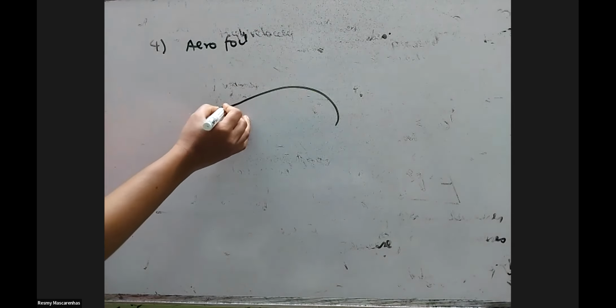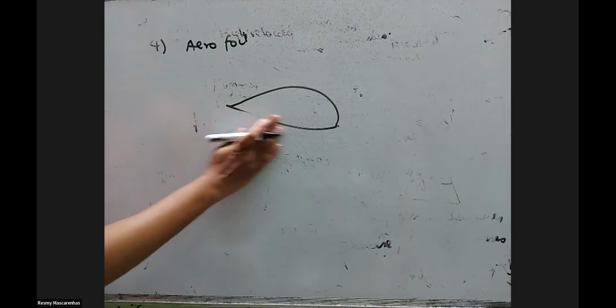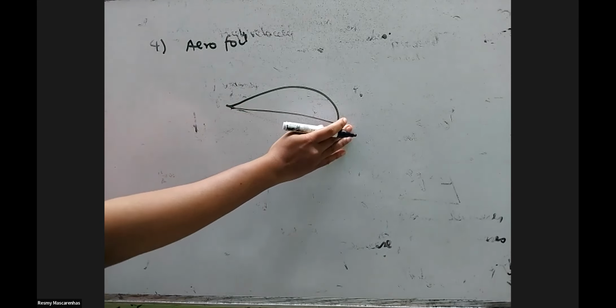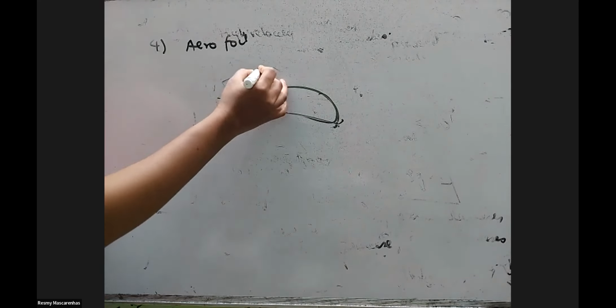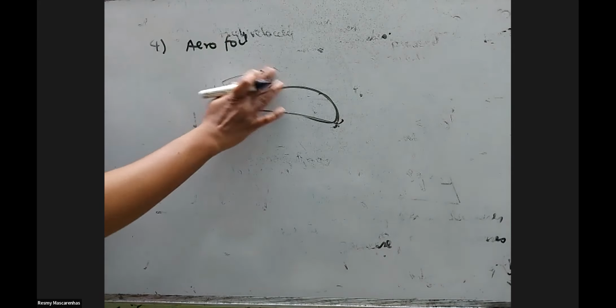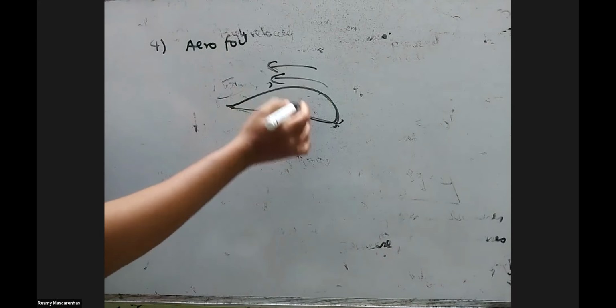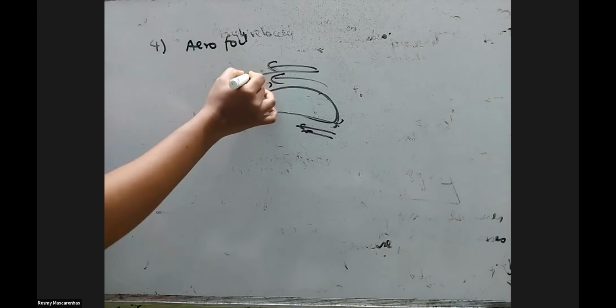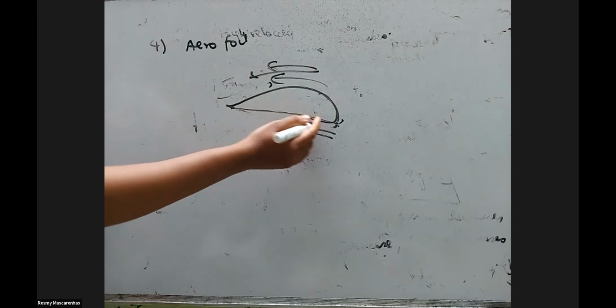Fourth one is the aerofoil. Aerofoil means the wing of the aeroplane. They design the aerofoil in such a way that, I'm just drawing it roughly, there is wind blowing upwards and downwards also.